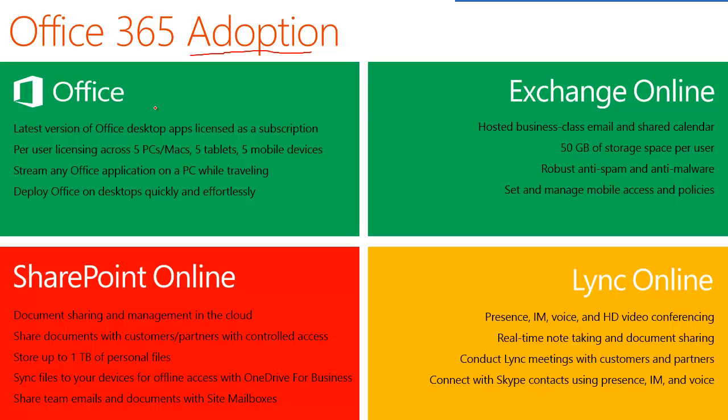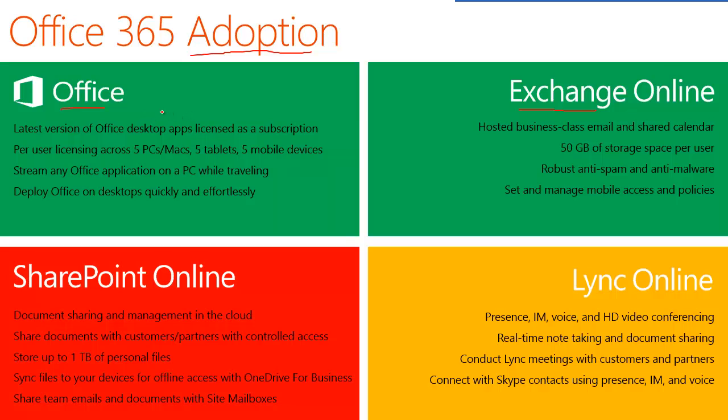If you look at the primary components here, being Office and Exchange, you can see that those are green, which means that if you looked at the people that are using Office 365 out there in total, a very high percentage of them are already leveraging the Office as well as the email or Exchange component of Office 365.